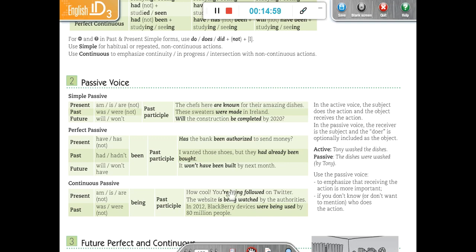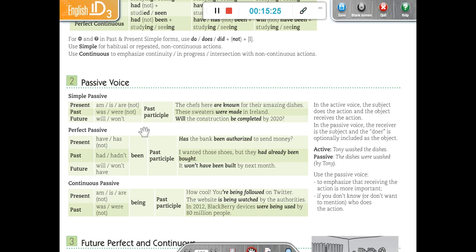Passive voice. We have here a simple passive, present is are. The chefs here are known for their amazing dishes. We're going to read this part. It says, in the active voice, the subject does the action and the object receives the action. In the passive voice, the receiver is the subject and the doer is optional, included as the object.